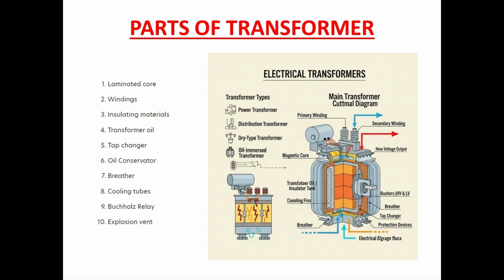Next comes, here you can see, apart from the core and the winding, all the other accessories of a power transformer: the insulating material, the transformer oil, the tap changer. Why we need a tap changer is that sometimes the primary side voltage may not be constant, and we should maintain the secondary voltage at a certain level, because the rating of the equipment connected on the secondary can differ if there is fluctuation in the primary side supply voltage.